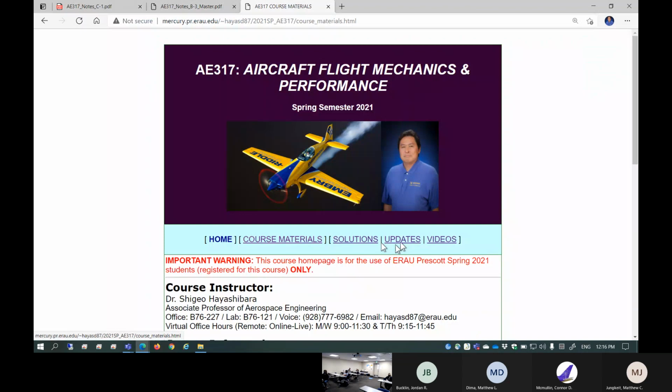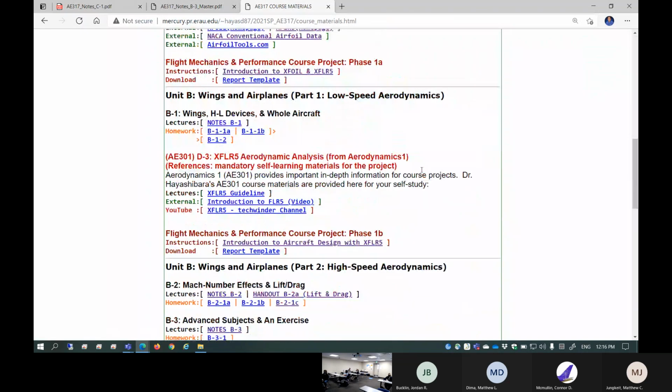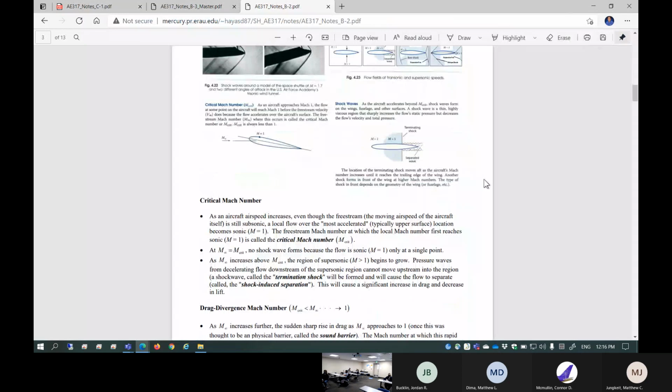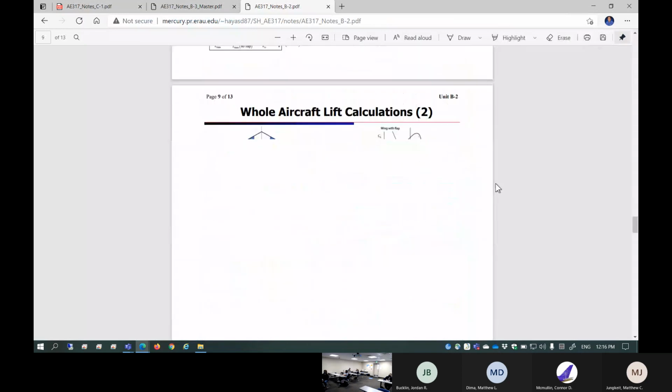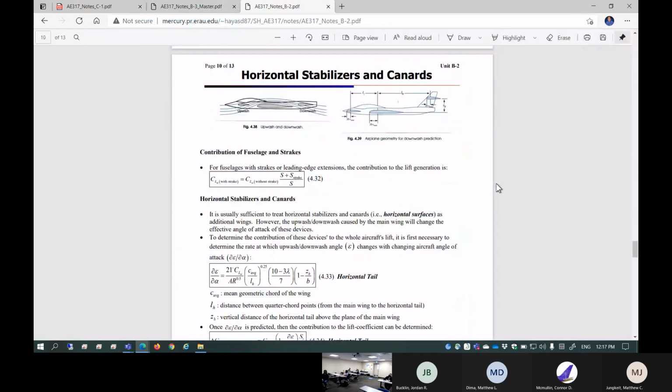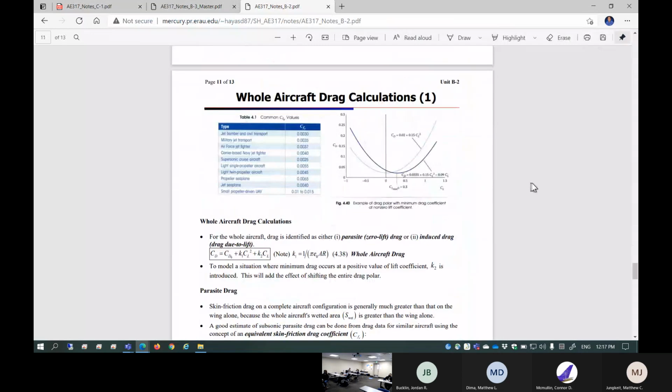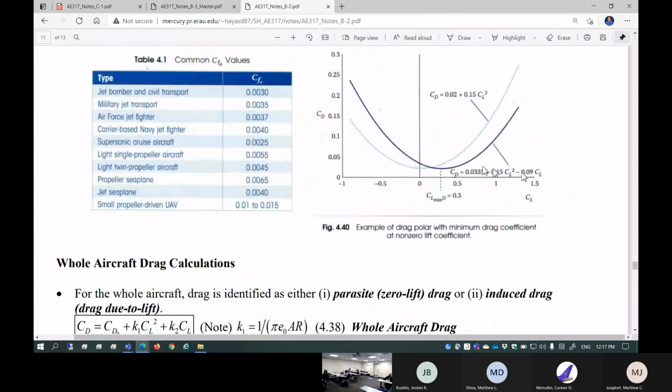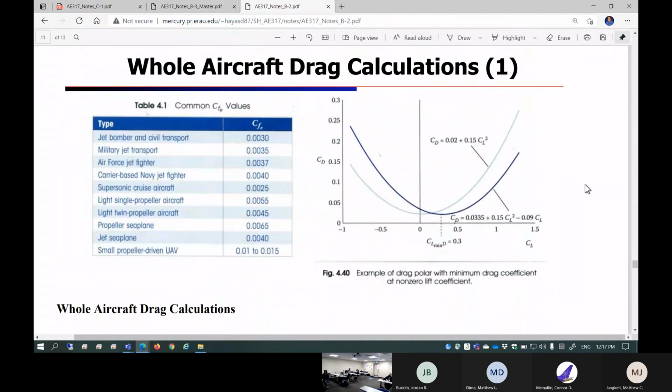Drag polar, okay. The very first thing you need to come up with in Unit B2 is this kind of plot. Here we go. So this is a whole airplane drag polar. As you design and build your airplane, the entire airplane comes up with a drag polar plot. This is the plot of lift coefficient against drag coefficient, the drag polar.